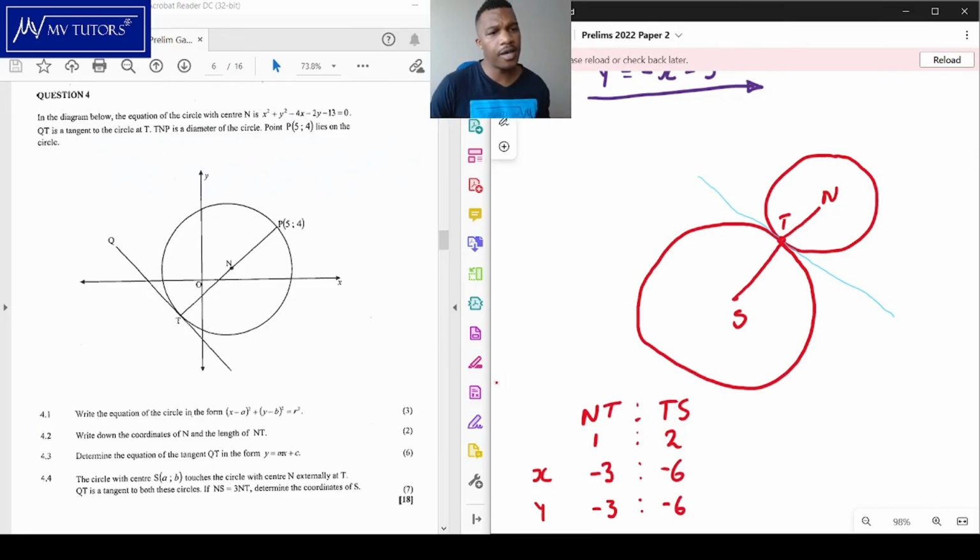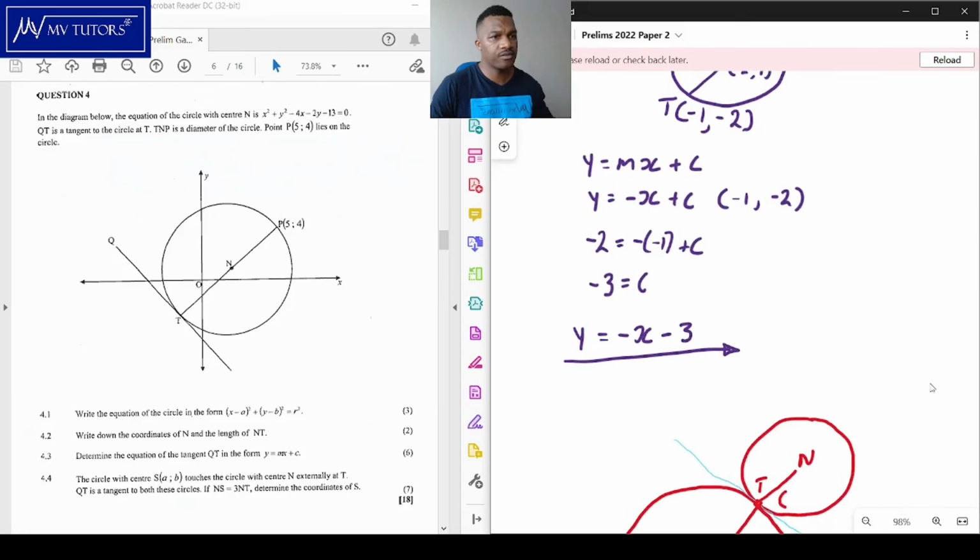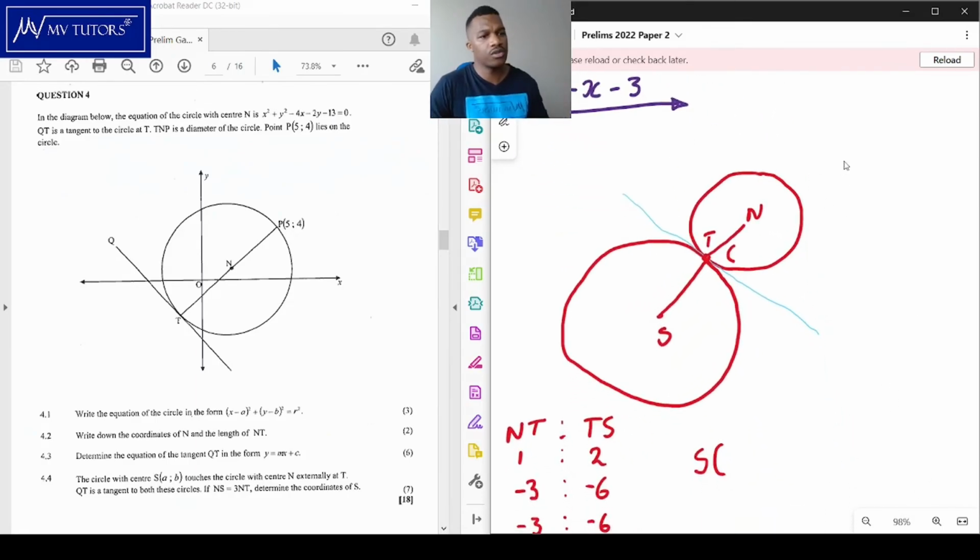What does this help us with? It helps us to determine S. Remember the coordinate of T, we solved it earlier, I think it was -1, -2.